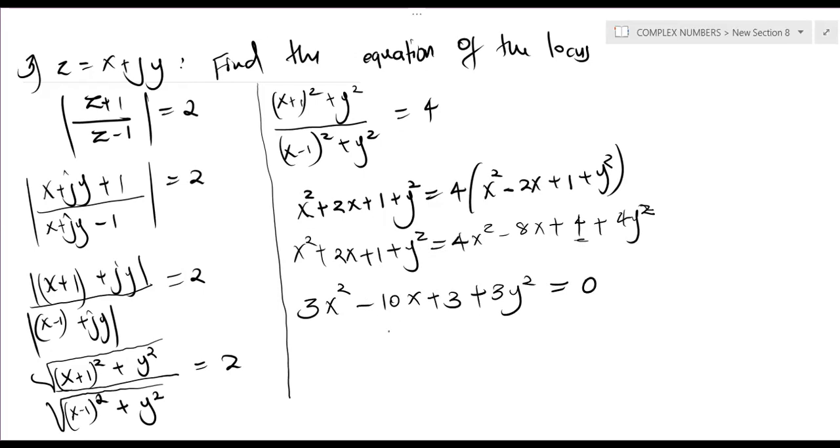So I can arrange this, okay, divide all through by 3. I'll have this as x squared minus 10 over 3 x, plus y squared, and then we have here is equal to minus 1.